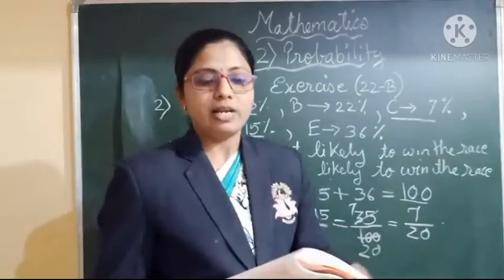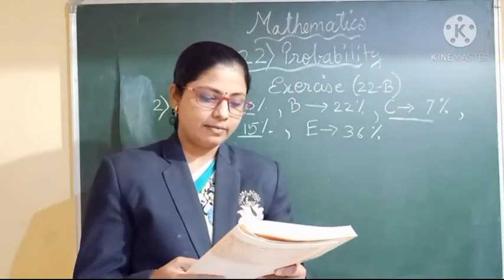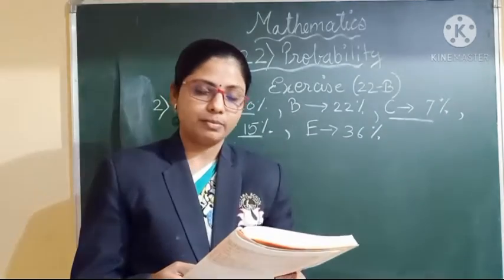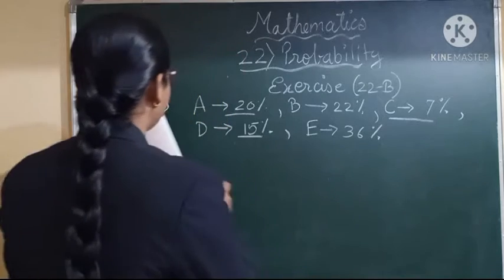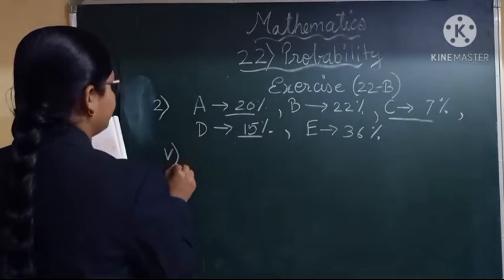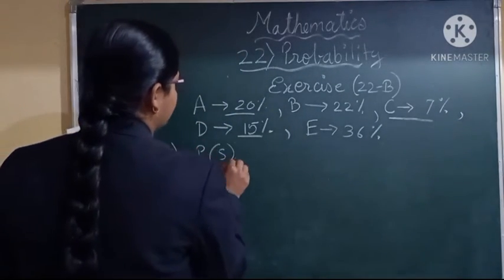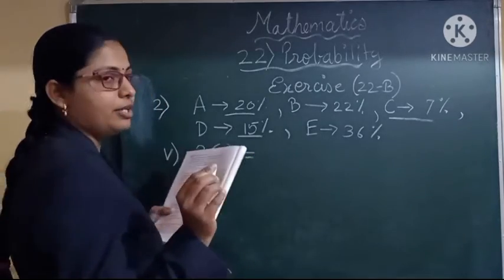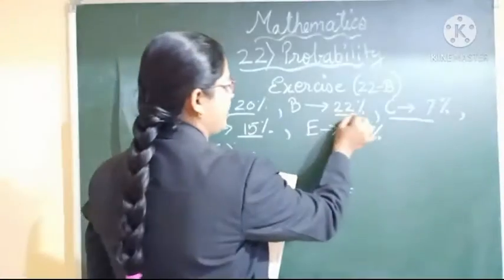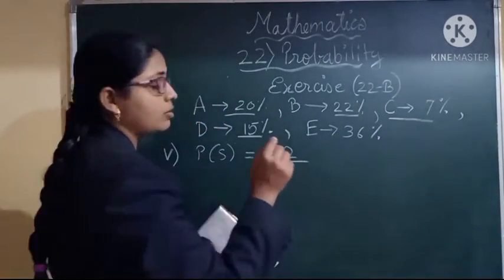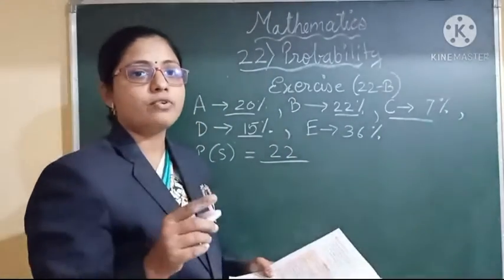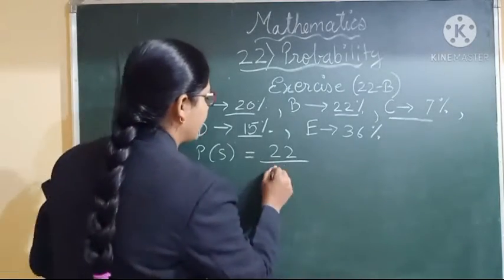Okay, so now let us look at the last question and complete it. Find P of S, the probability of S. Already we know B has 22%. So the favorable outcome will be 22. Total outcome, we already did the sum of all the events, so it is 100.